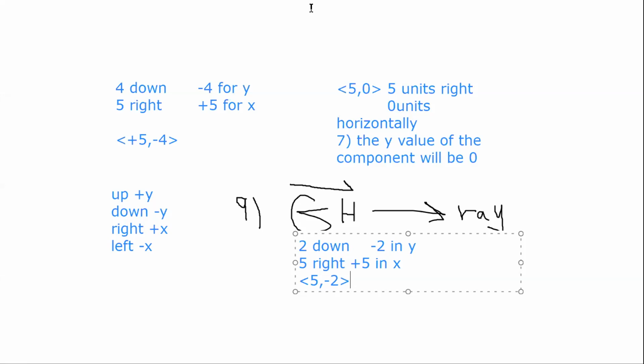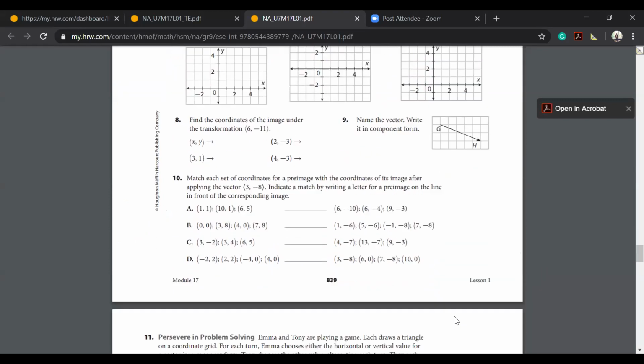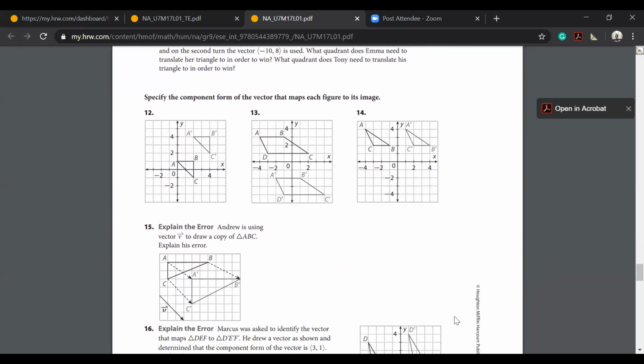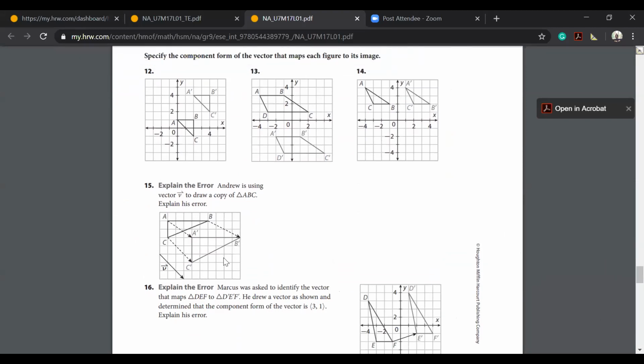Okay. I still have one example to do with you, which is question 15. Where's question 15? Yes, in here. Explain the error. We have a student who did something wrong as usual. I know that you love this type of question.